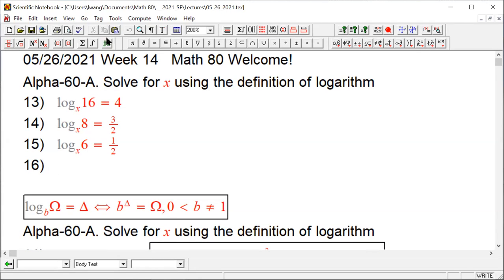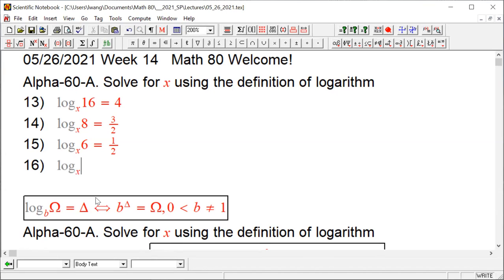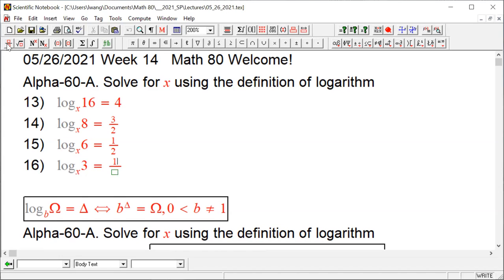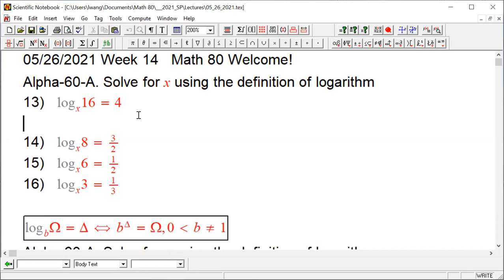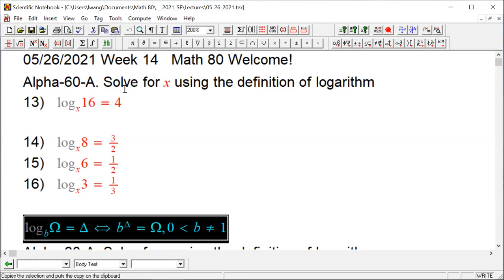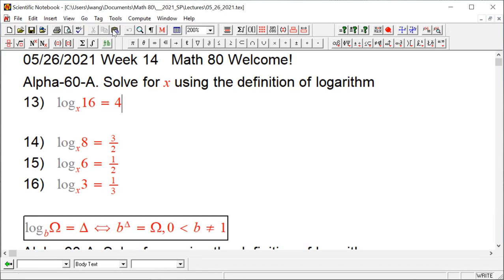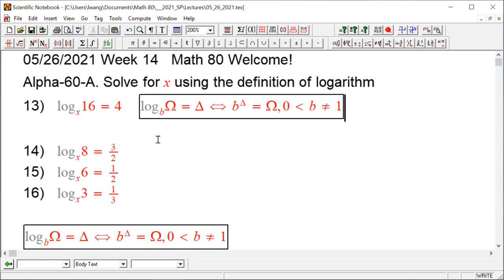Last but not least, log base x of 3 equals to 1/3. Okay, so let's see how we solve these equations. I'm gonna show you one more example, and then it's your turn.